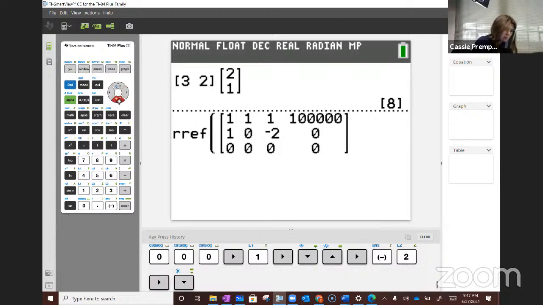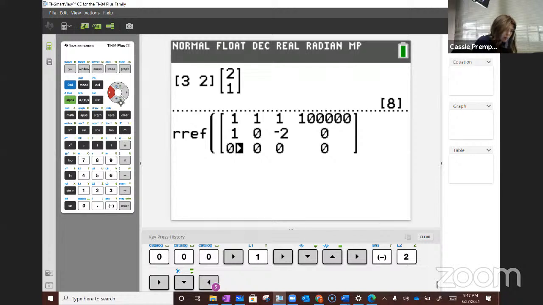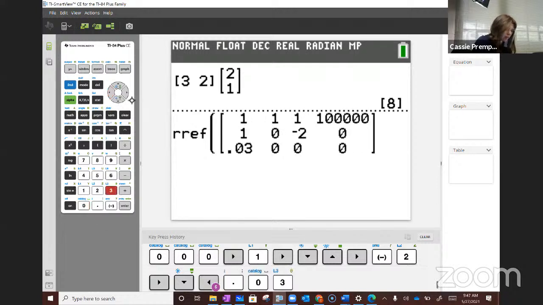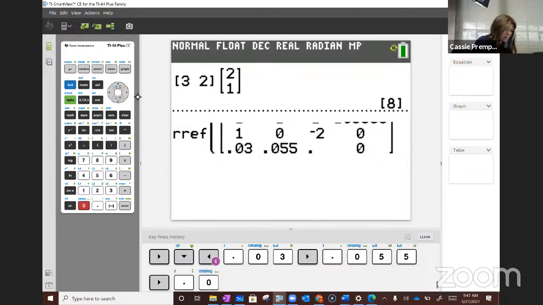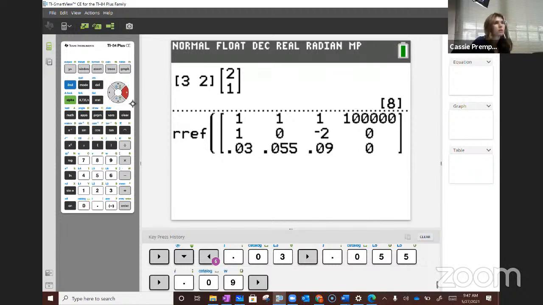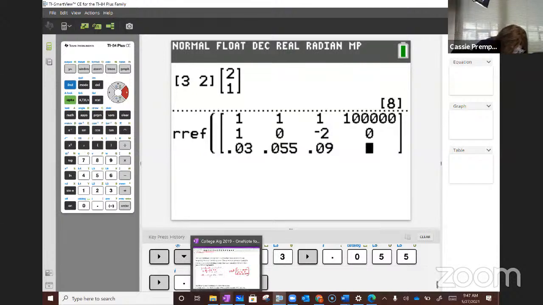Man, I like working with a real calculator better. There we go. 0.03, and then 0.055, and 0.09. What's over there? How much money do you get back? 5,080, is that it? I didn't get it. 5,080. Yeah, thank you.